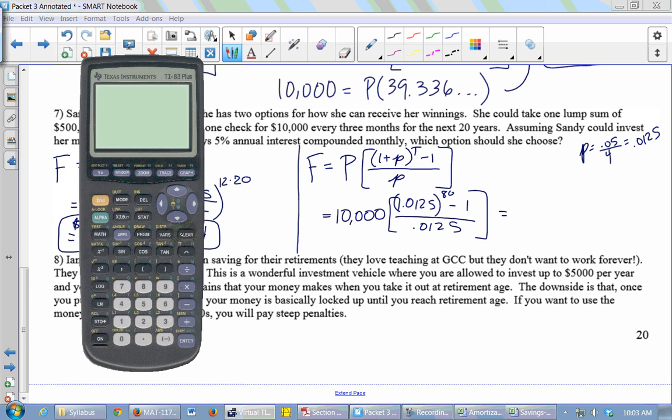All right, so we just try to follow the order of operations. 1.0125 raised to the 80th, then minus 1, then divided by 0.0125 times 10,000. $1,361,187.95.